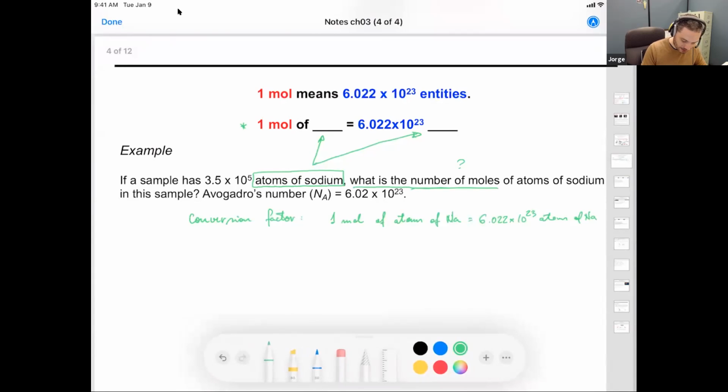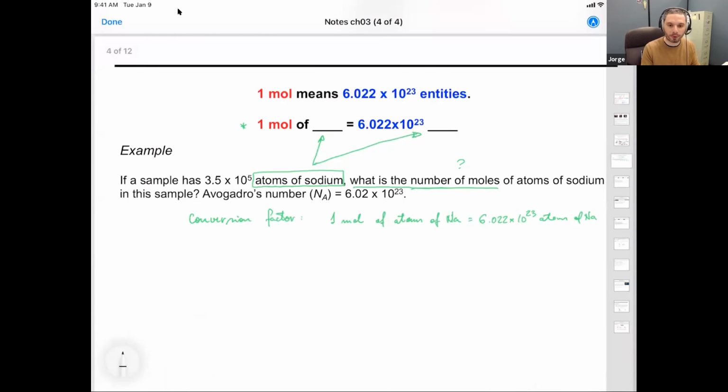So let's set up our proportion. So I'm going to do exactly the same thing that I did before. First column is going to be mole. And the second column here is going to have atoms.